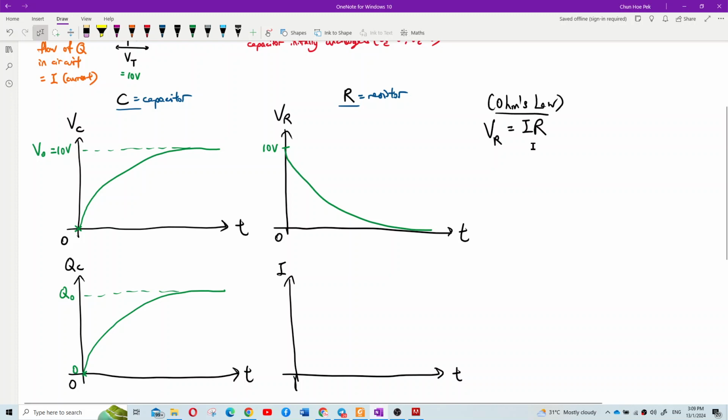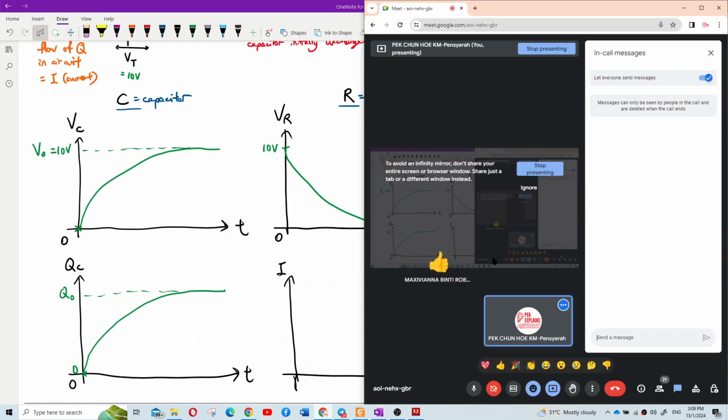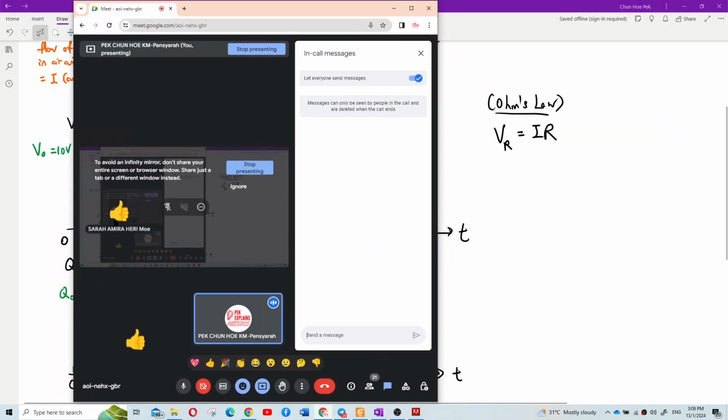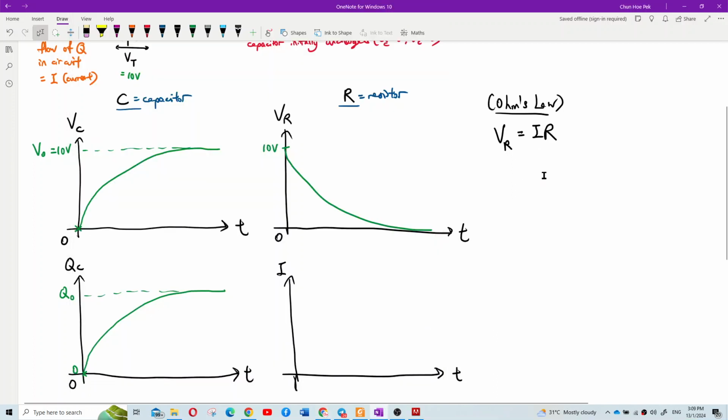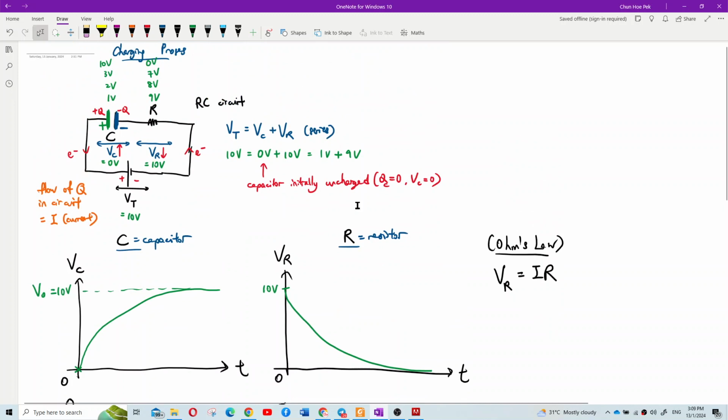Ingat tak formula ni? Nak tengok you punya tangan. Ya, betul kelas. VR equal to IR. Okay?